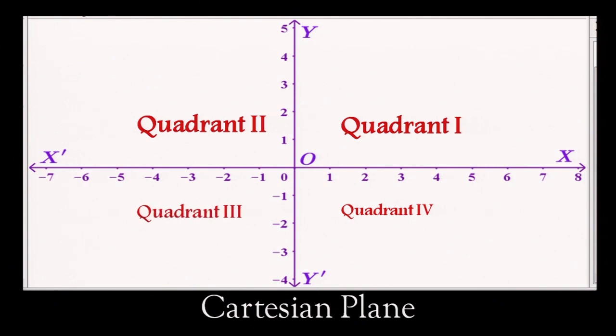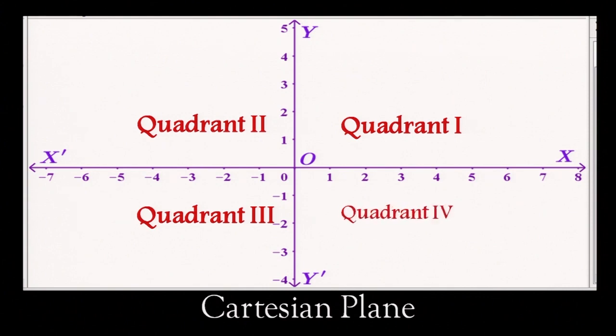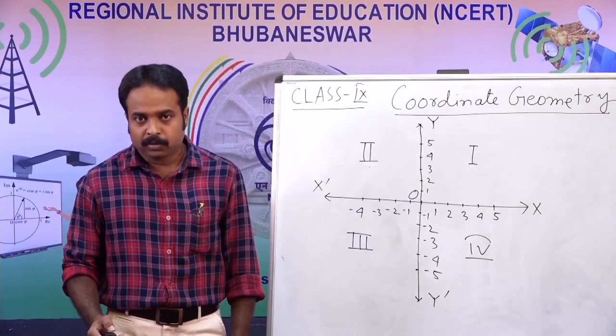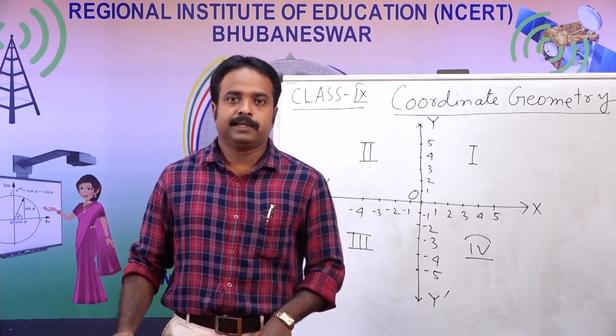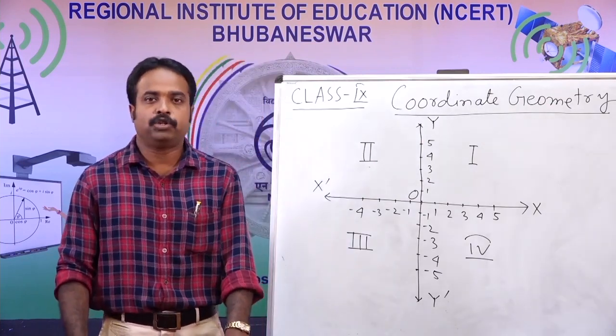In the same way, you can easily identify that in quadrant 3, both x and y are negative. And what about quadrant 4? Here x is positive and y is negative. So now you are getting some idea about coordinate geometry.